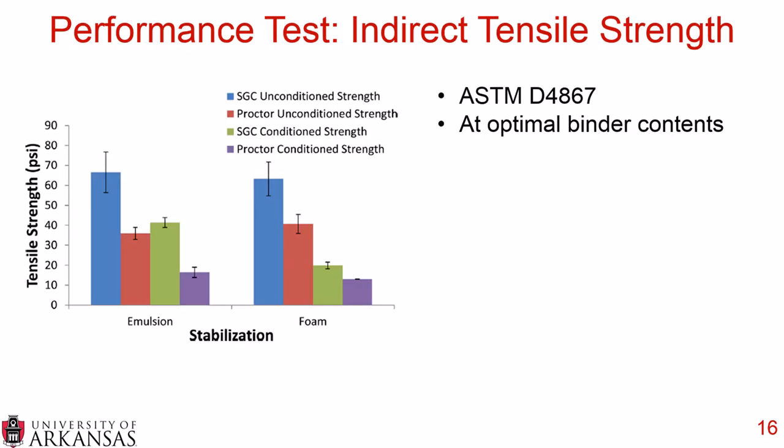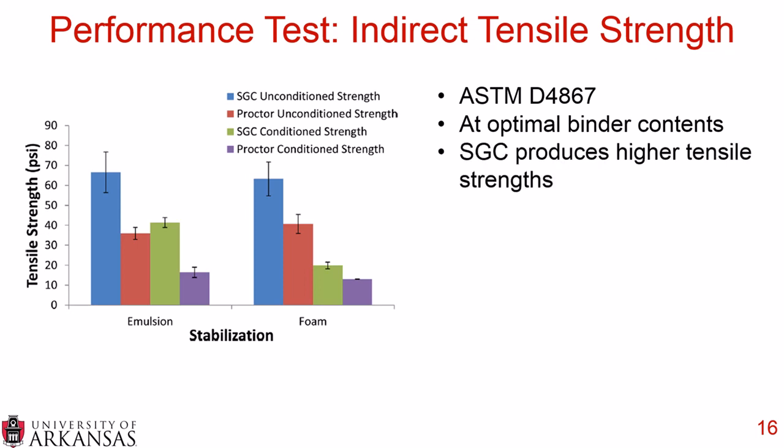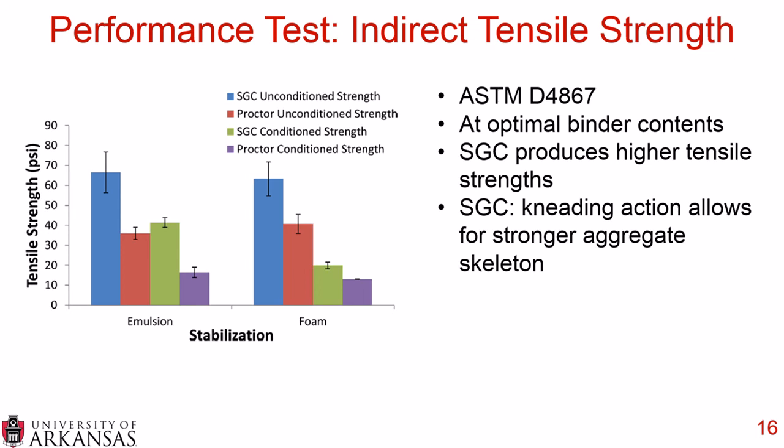Now, looking at the performance at the optimal contents, we followed ASTM D4867, and again, these are at the optimal binder contents. If you look at the data on the left, we have both emulsion and foam, and we have conditioned and unconditioned samples. In general, the Superpave Gyratory compactor produced higher tensile strengths than the modified Proctor.